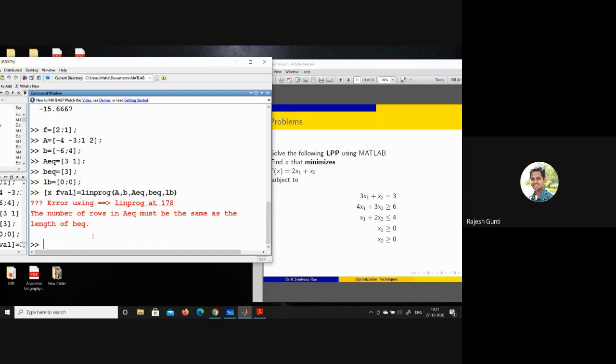The number of rows in Aeq must be the same as the length of Beq. Only one row.